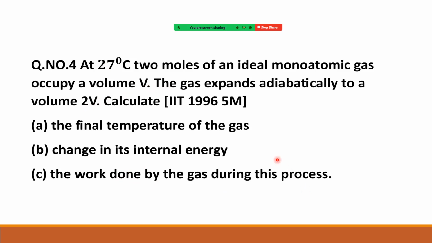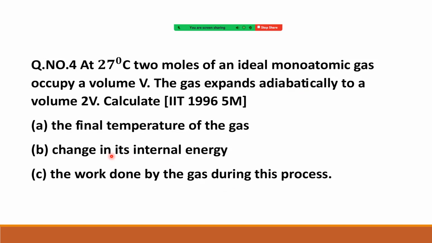See, by seeing this, what we can say, volume doubled. Volume doubled means it is expansion. So expansion means work done by the gas is positive, right? Since it is an adiabatic process, no heat is given to the system. So this work is done at the cost of its internal energy. That means internal energy will decrease.